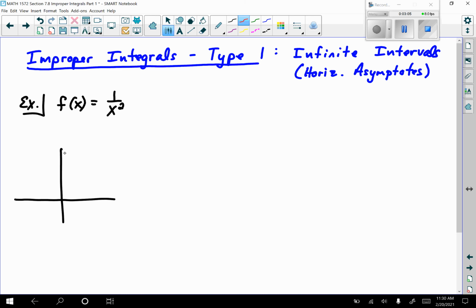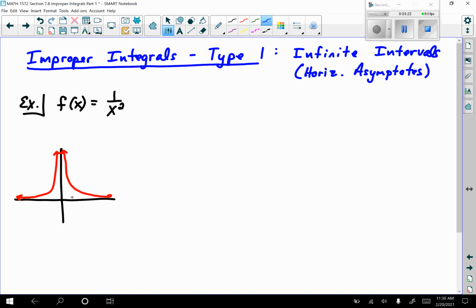And you should get a graph that looks like this. So you can clearly see we do have a horizontal asymptote. We also have a vertical asymptote, and we'll address that a little bit later.